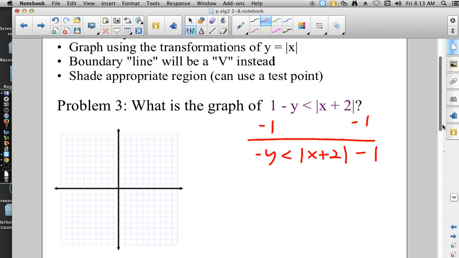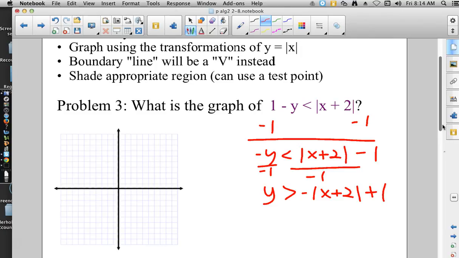There's still something wrong with it, isn't there? What else is wrong with it? Here comes the trouble. Because when we divide or multiply everything by a -1, what do we have to do? Yeah, don't forget to flip your sign. And if you're thinking, okay, where do all the negatives go?